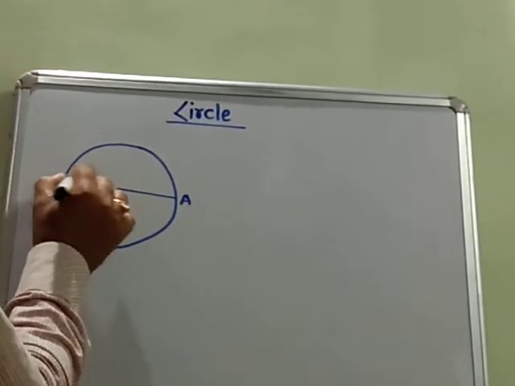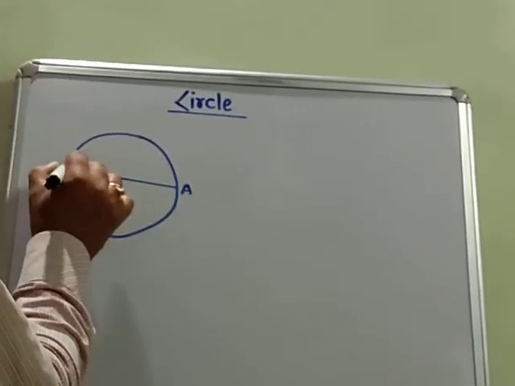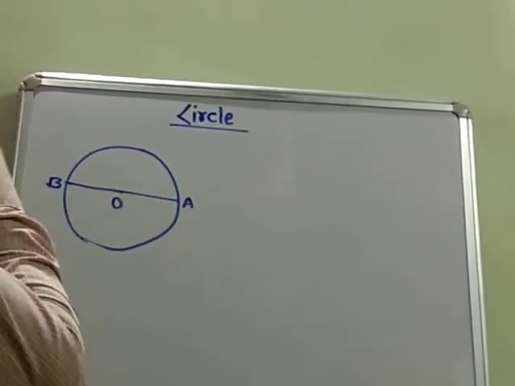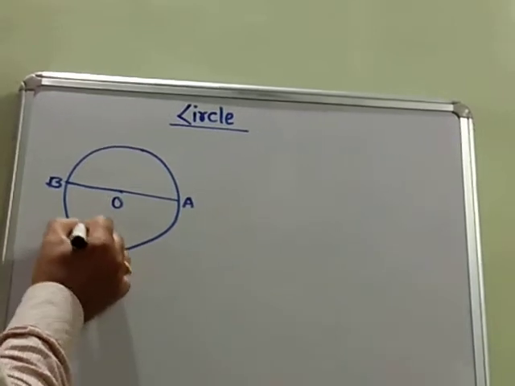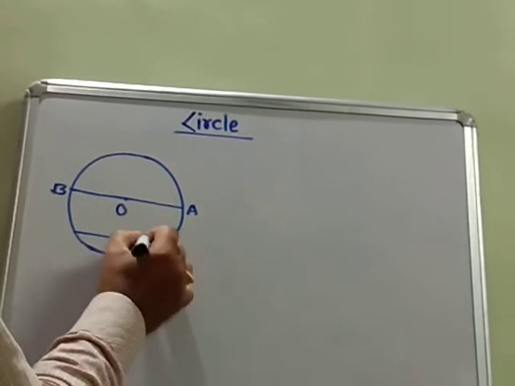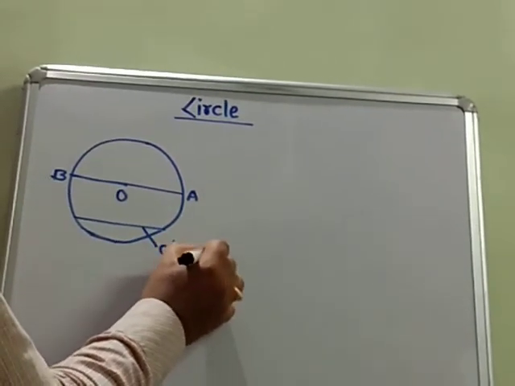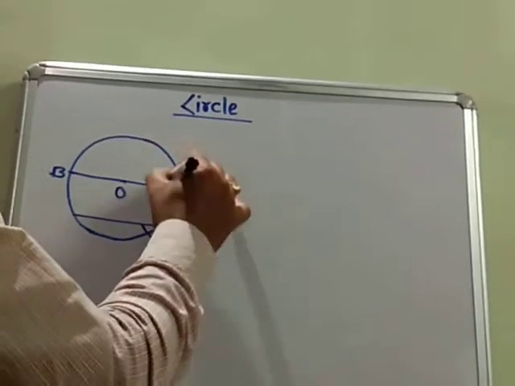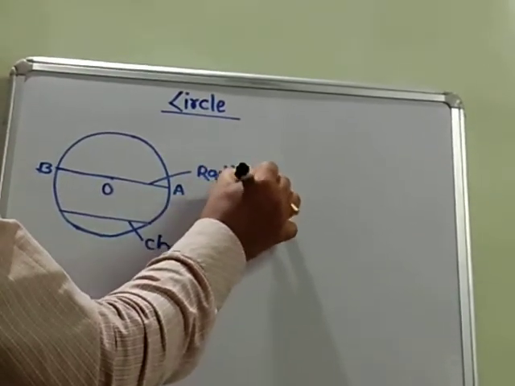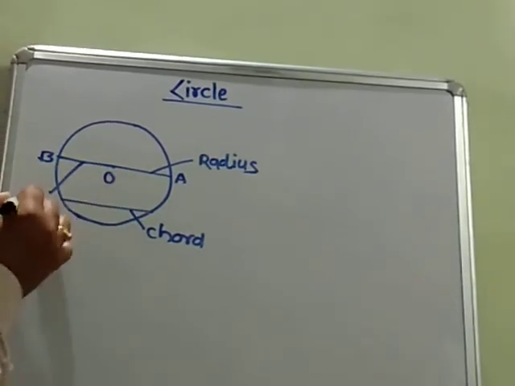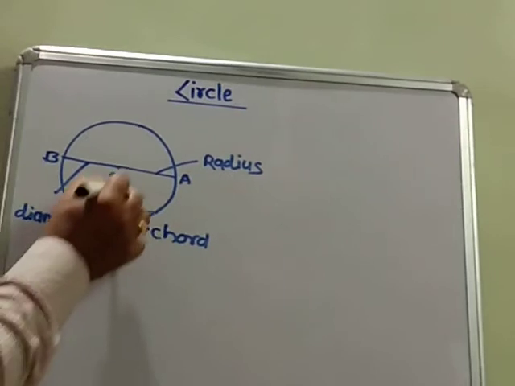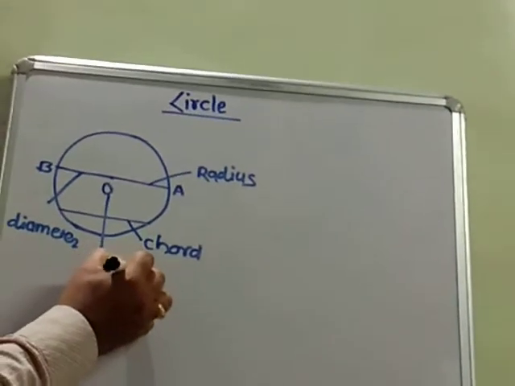Also OAB is the diameter, and this is a chord, C-H-O-R-D, chord. This is OA, that is the radius, and BA, that is a diameter, and O is the center of the circle.